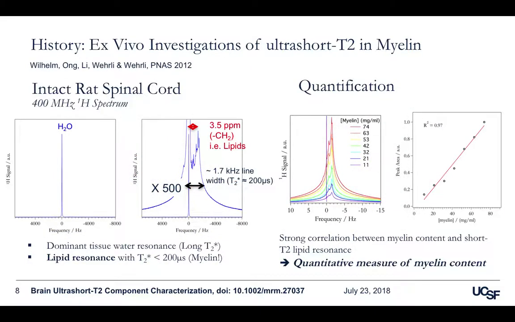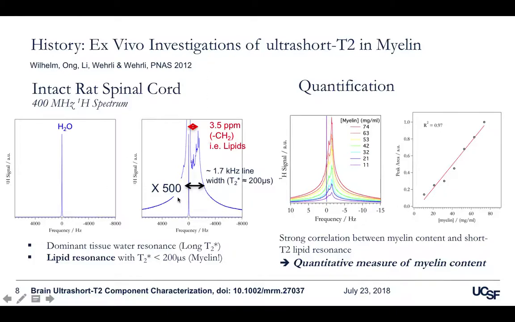Just a year later, this other nice study came out from the group at Penn, where they also measured similar extracts in tissue samples, and they actually measured the chemical shift to be what would be expected for methylene protons in these myelin extracts.